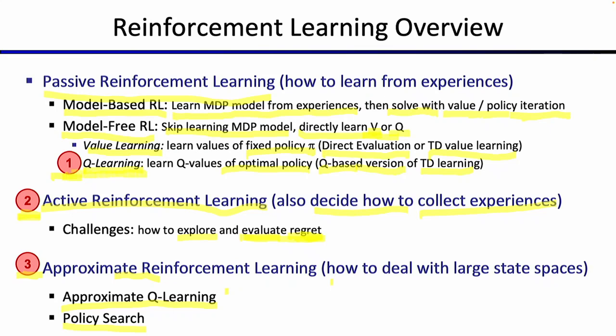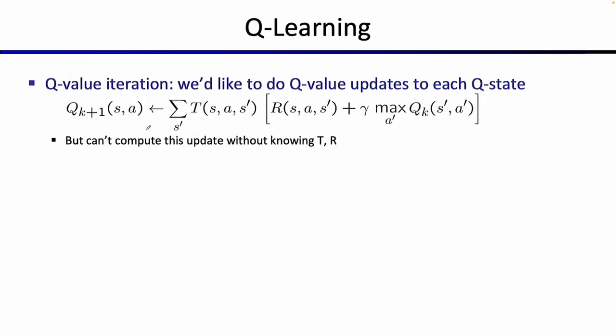So let's start with looking at Q-learning again. And we've talked about it last time, and the way that we arrived at it was we said, well, if we knew the MDP, we could do something like value iteration, but we've adapted it for Q-value iteration, where we've had this recursive procedure.